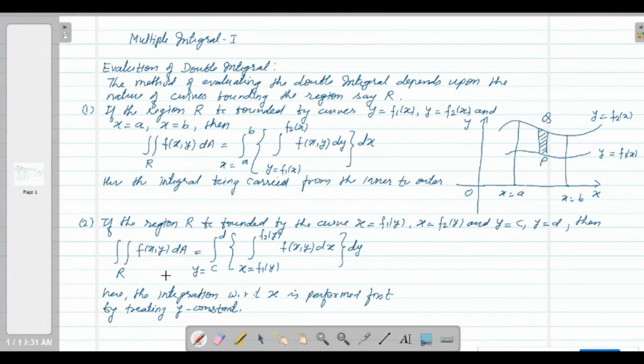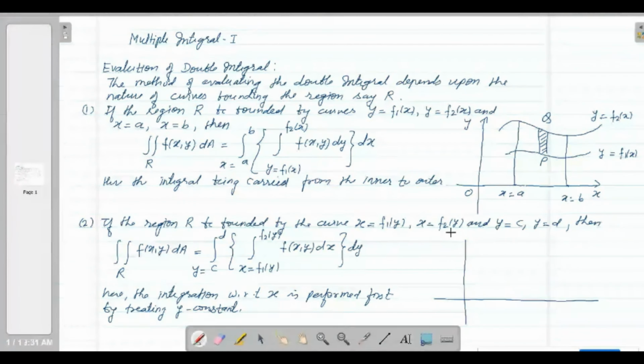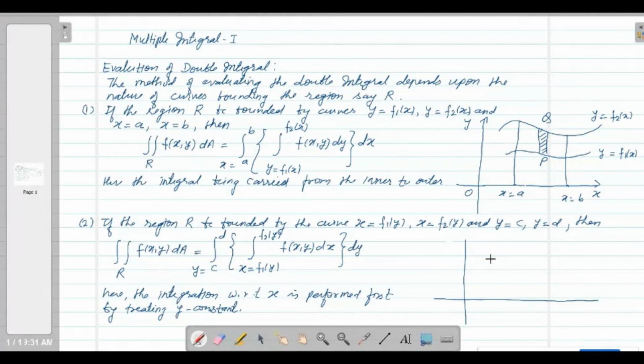See what the picture is regarding this statement. You have the curve bounded by the region, meaning the curve is given by x equal to f1(y) and x equal to f2(y). The curve may be of any form.